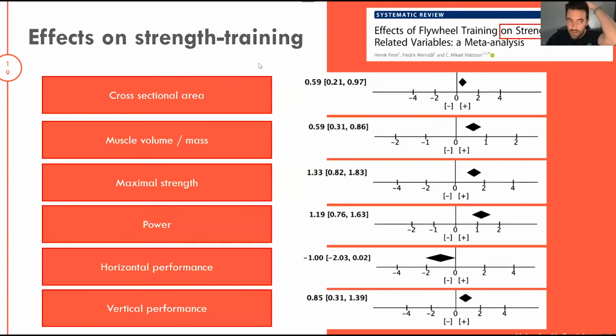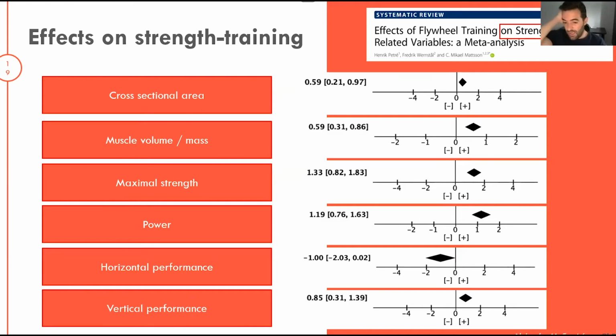If we think on the effects on strength training, it is shown that most of the effects of the flywheel devices are proven on improving the maximal strength. And it is interesting to see how the horizontal performance is mostly impaired or decreased when those devices are used, compared especially to the vertical performance, where the performance is improved.